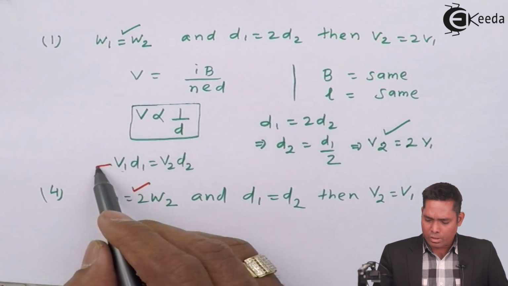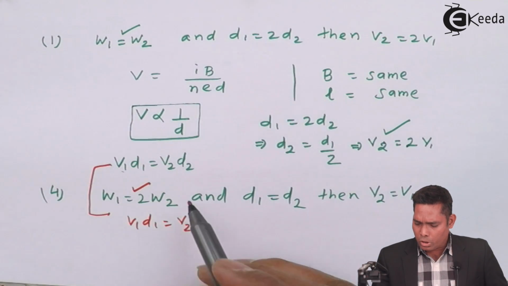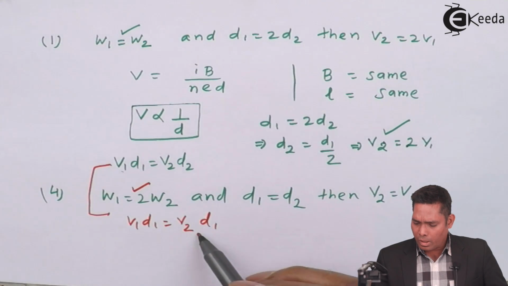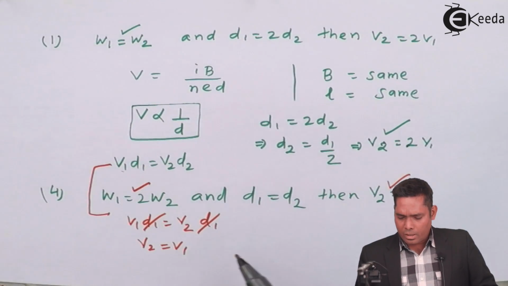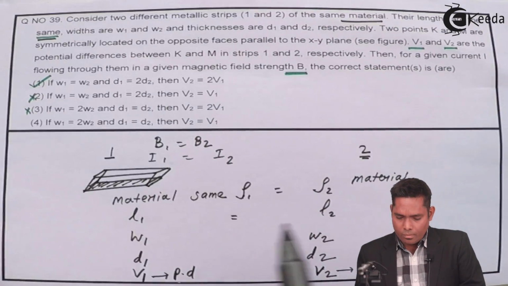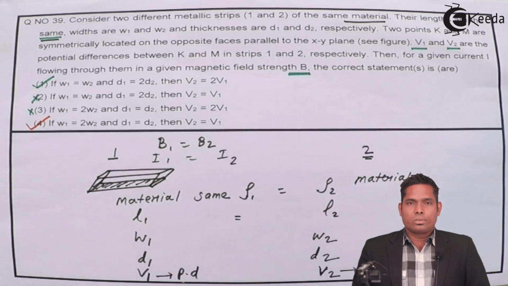So from this relation, V1 D1 is V2 D2. In place of D2 I'll write D1, because D1 is given, so that will cancel out and V2 is V1. So this relation is correct. So the correct relations are 1 and 4. So these are the two correct relations.